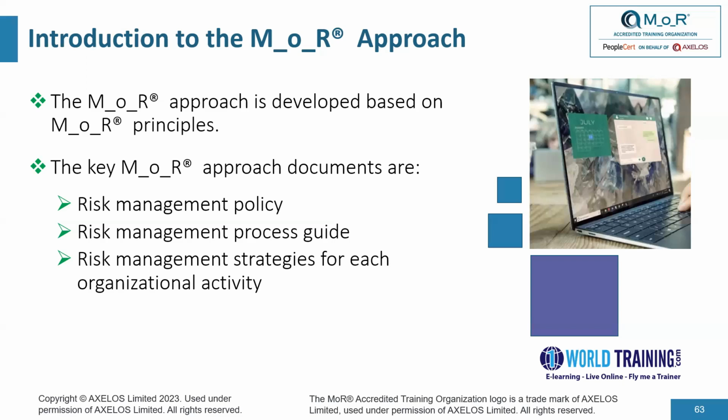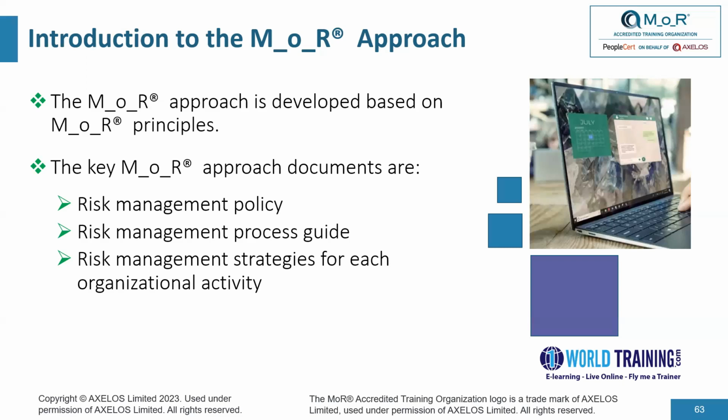Now, the composition of each of these documents should be aligned with the objectives and tailored to the context of the organization and a specific organizational activity for which risks are to be identified, assessed, and controlled. So each document used in the MoR approach relates to the other MoR documents.